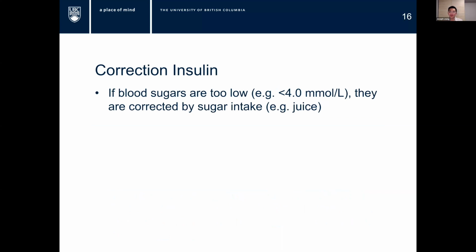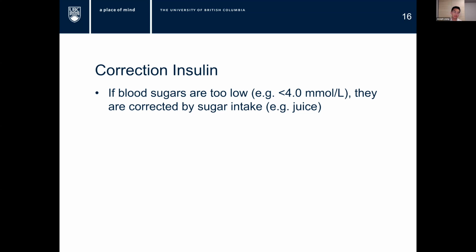We're now going to move on to correction insulin. This is where we'll be talking about the ISF, or insulin sensitivity factor. But before we talk about correction insulin for high blood sugars, let's talk about low blood sugars. If somebody's blood sugar is too low, so less than 4 millimoles, that's corrected by taking in sugar.